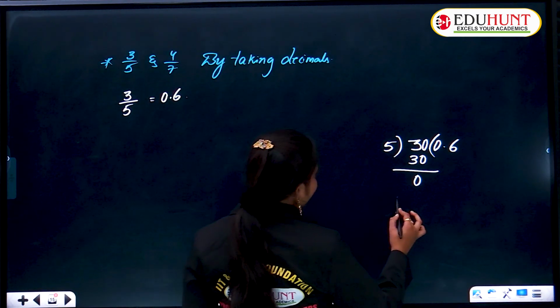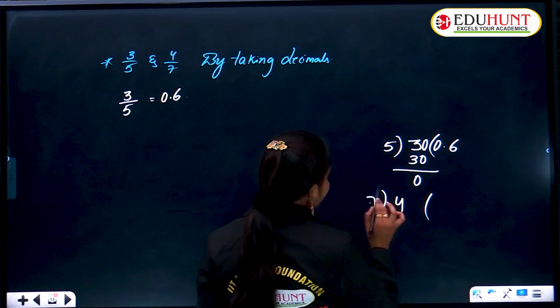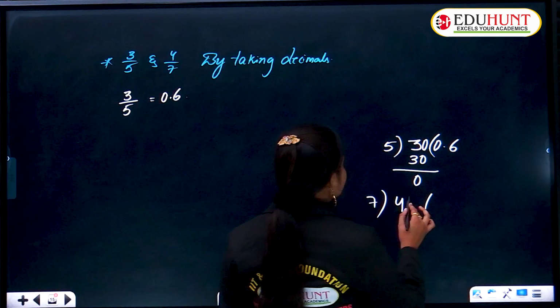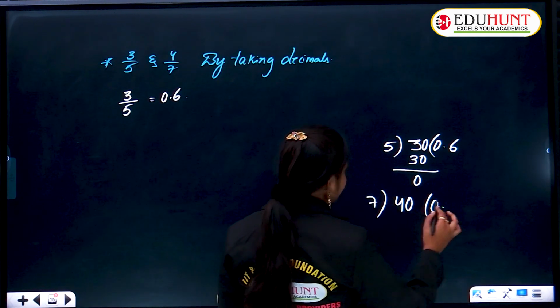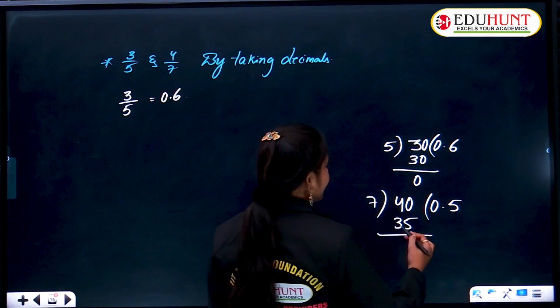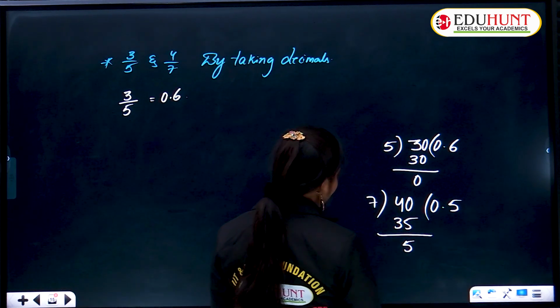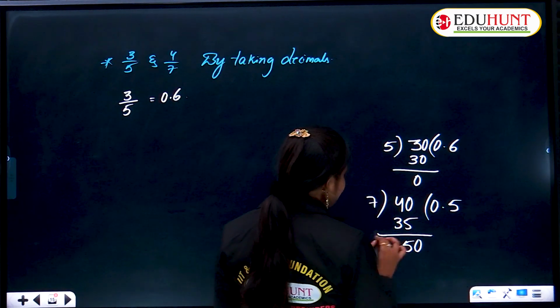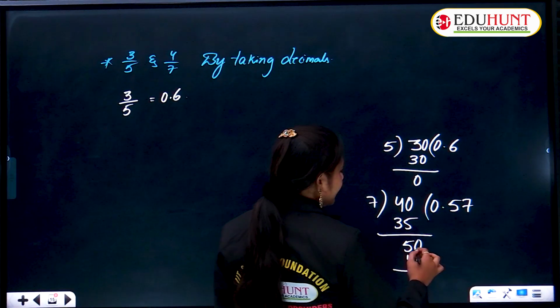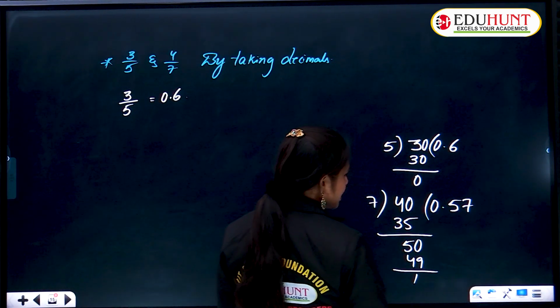And 4 by 7, which means 4 divided by 7. Again 4 is less than 7, that's why keep 0 here and here 0. 7 fives 35, 40 minus 35 which is equal to 5. Again 0, 7 sevens 49, here 50 minus 49 which is equal to 1.